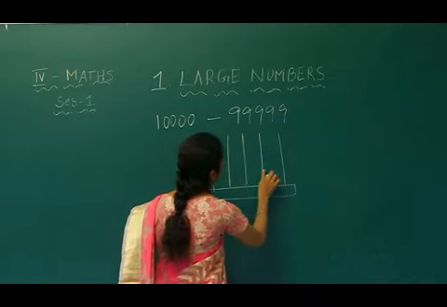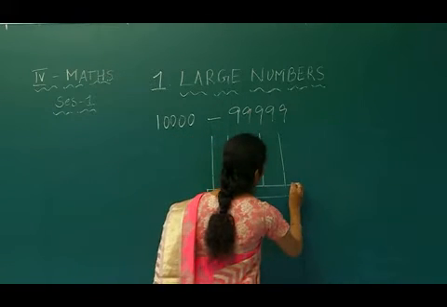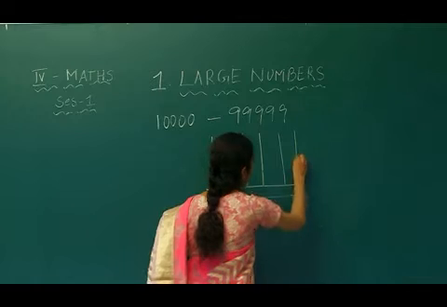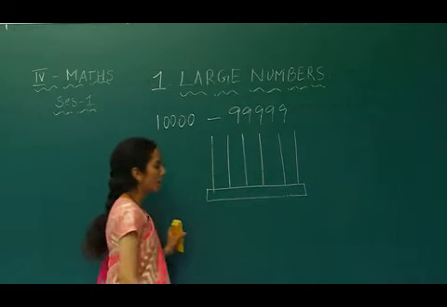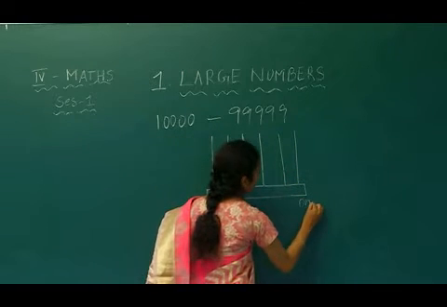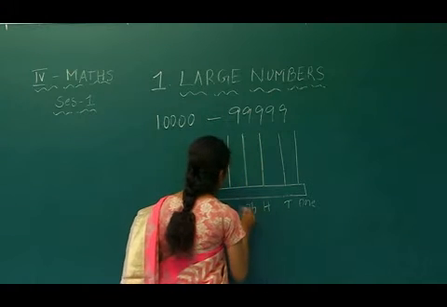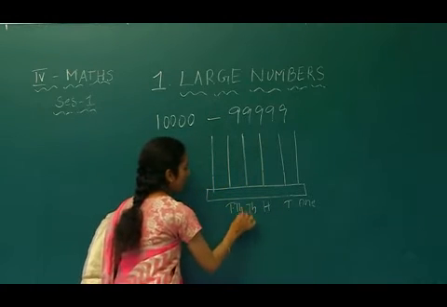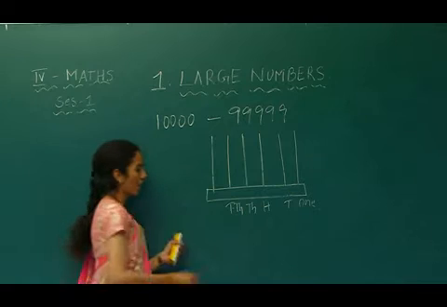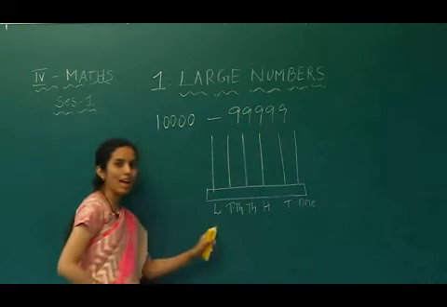1, 2, 3, 4, 5. So we need one more spike, that is here. So write the place values first. Ones place, tens place, hundreds place, thousands place, 10,000s place, and after 10,000 comes lakhs. Lakhs place.